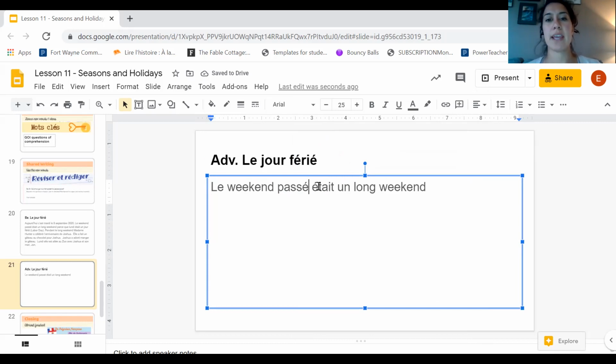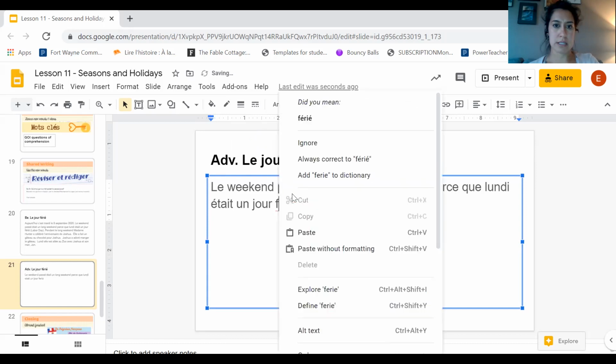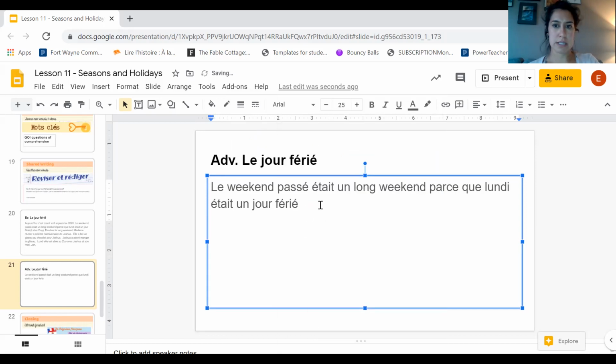Le week-end passé était un long week-end parce que lundi a été un jour férié. Pour la fête de la liberté.